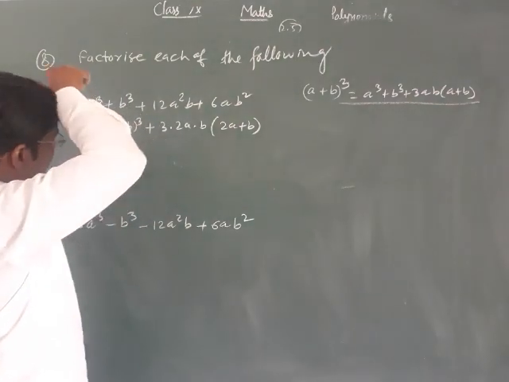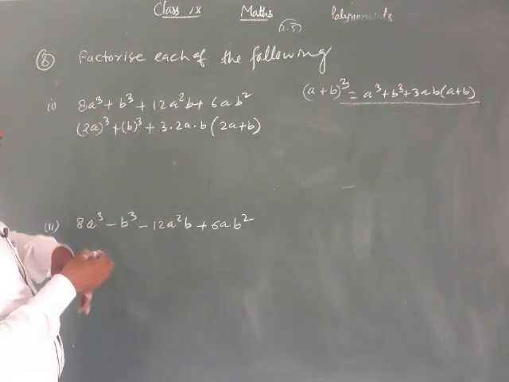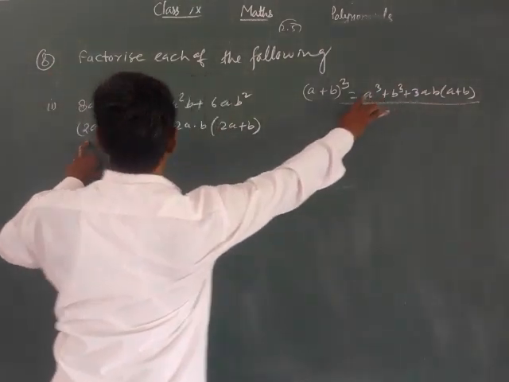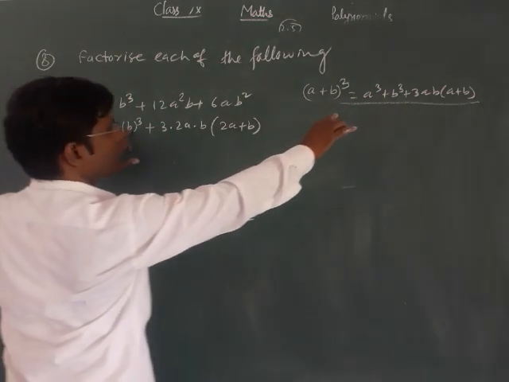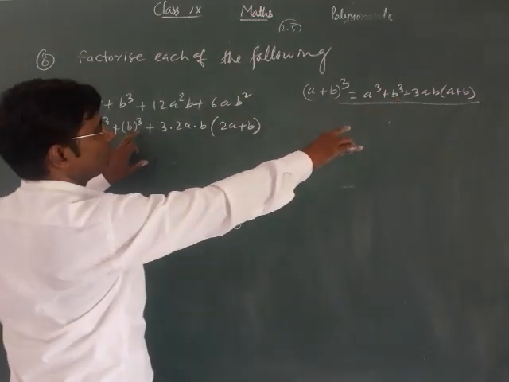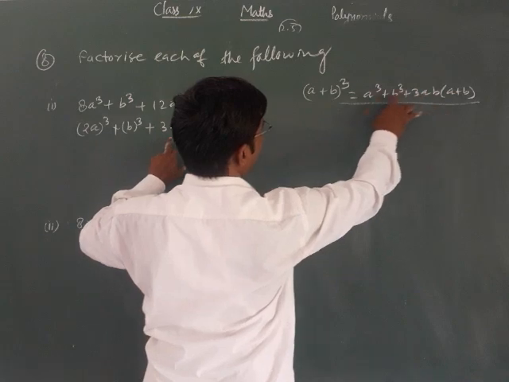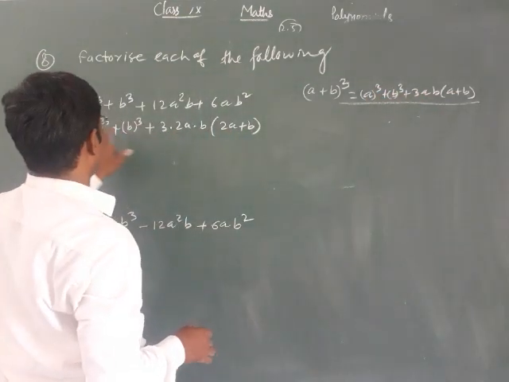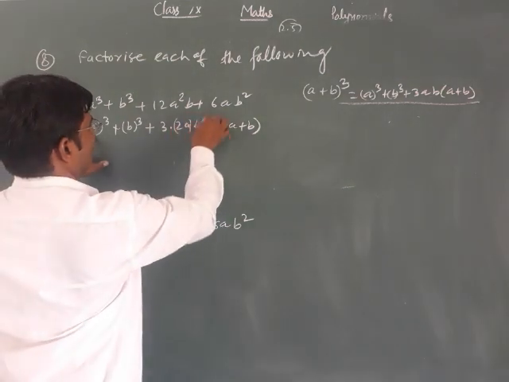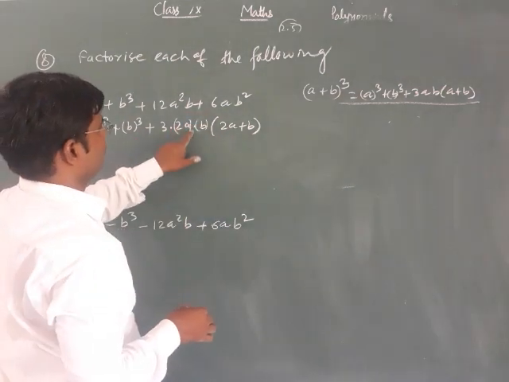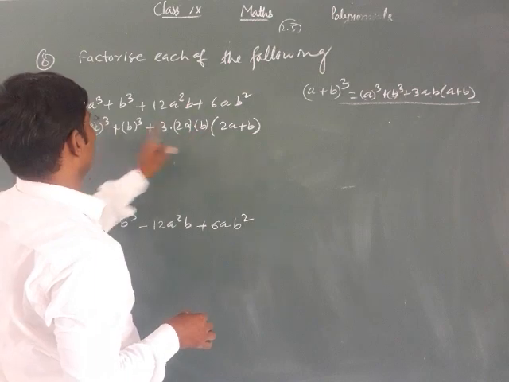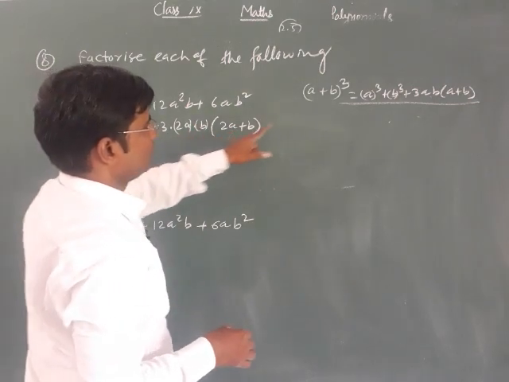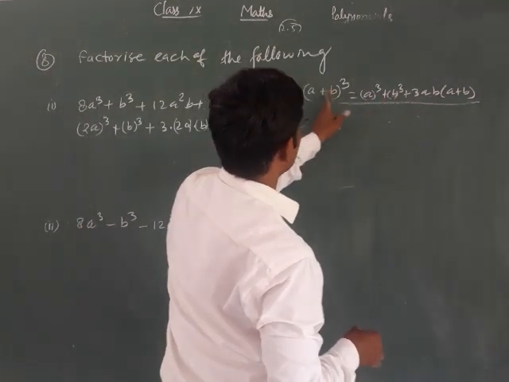According to this, a cube is (2a) cube, plus b cube, plus 3 times 2a into b into (2a plus b). So now you can write (a plus b) whole cube.